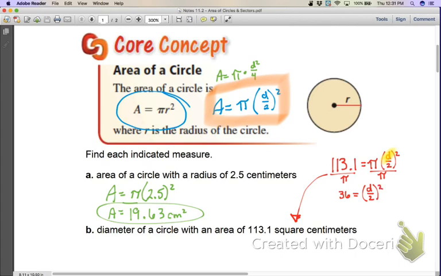Now what do I need to get rid of? Square root it. I need to get rid of that squared. So perfect, it's 36. So what's the square root of 36? 6. So 6 is equal to d divided by 2. So now how do I get d by itself? Multiply by 2. So the diameter is 12 centimeters.